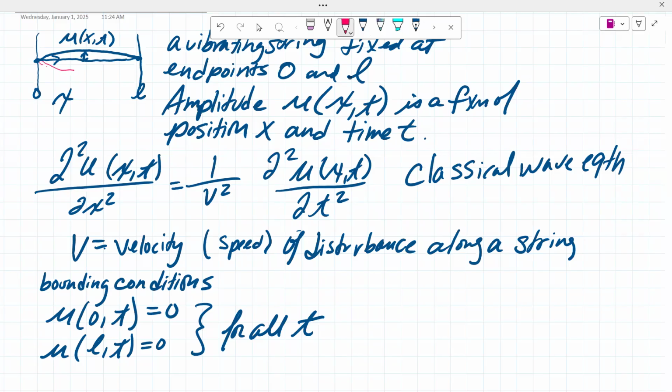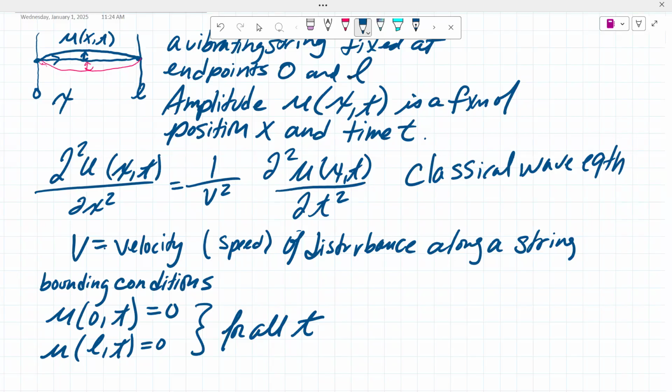If it's vibrating, you would also have another displacement down here. If you've ever seen pictures of, say, a guitar string, which is much larger and has a good displacement, with strobe lights, you can see how that looks when you're playing a sound. So that's what we have here for our bounds.